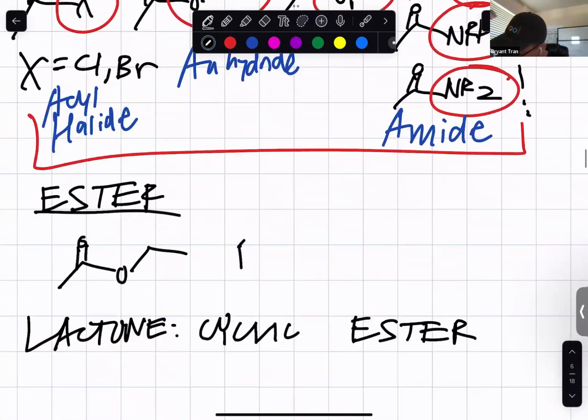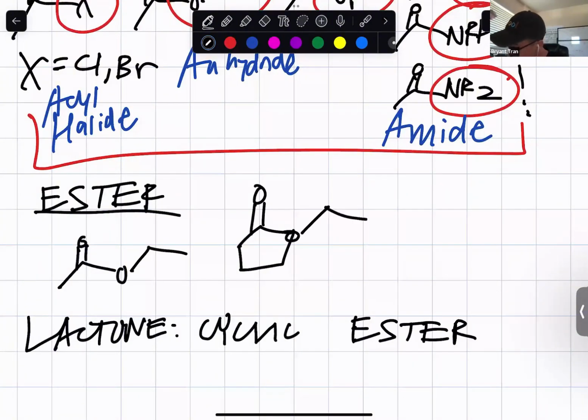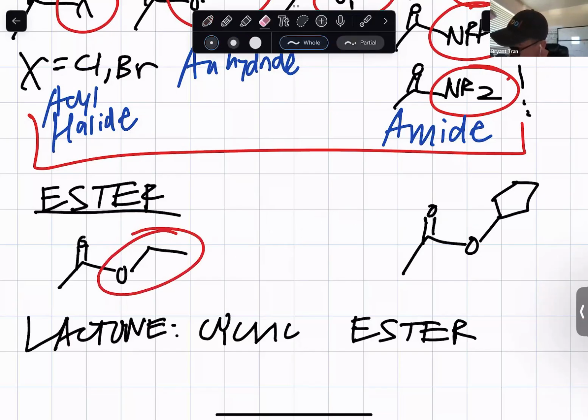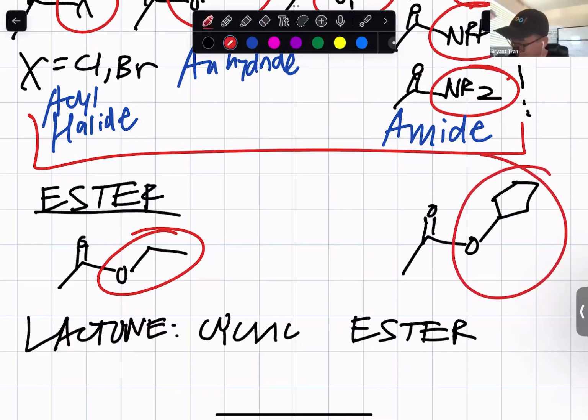It could also be something like this, where there's oxygen like that. Or it could even be something like this, where we have a carbonyl next to, oh, that's a cyclic one. Next to an OR group, like that.